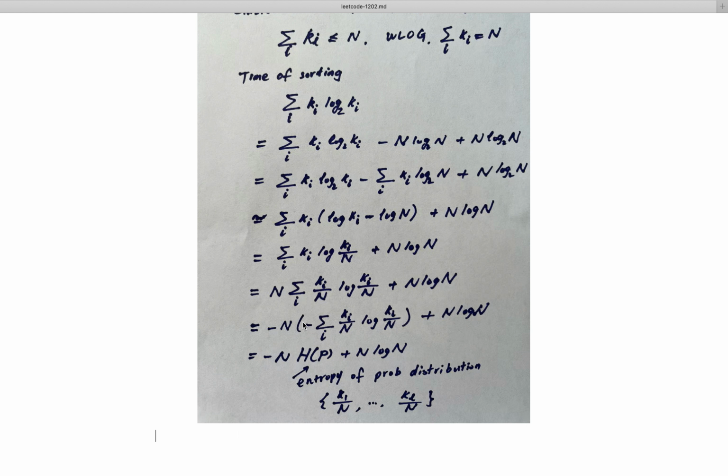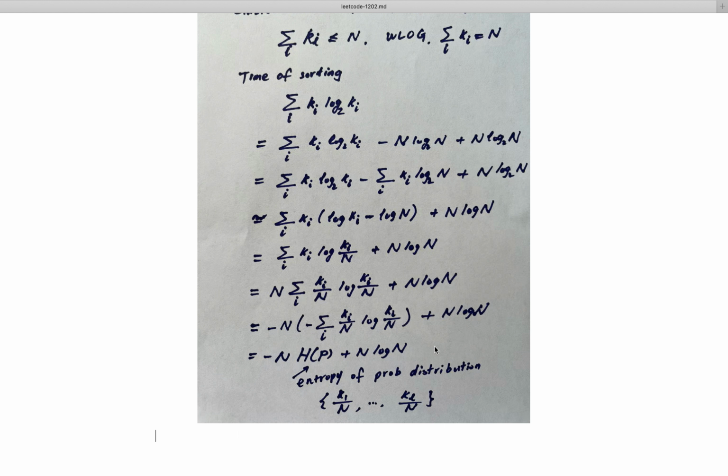If we look at the expression in the parentheses, this is nothing but the entropy of a probability distribution. The probability distribution is k1 over n up to kl over n, because each of them is non-negative and the summation is 1. So the time complexity is nothing but n log n minus n times the entropy of this partition.